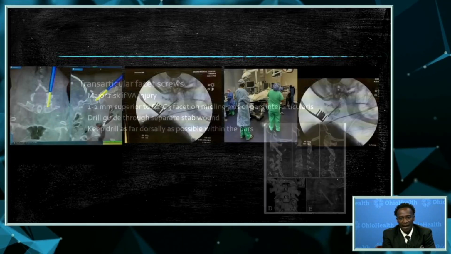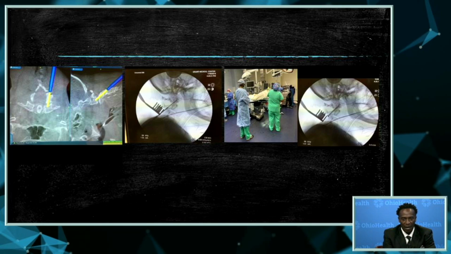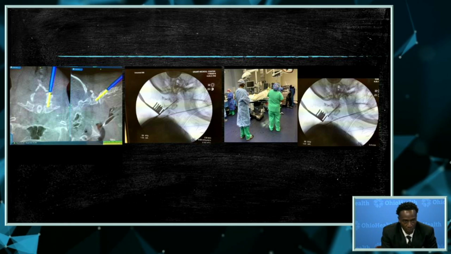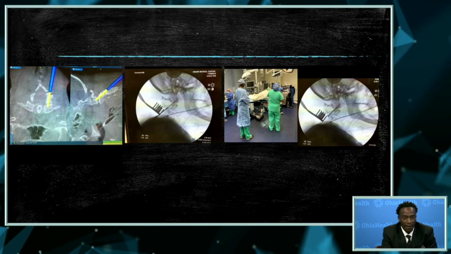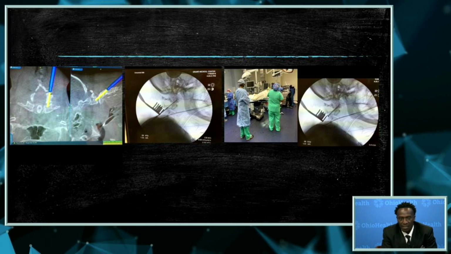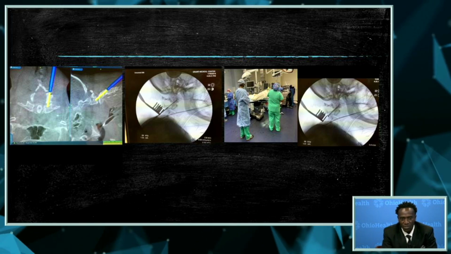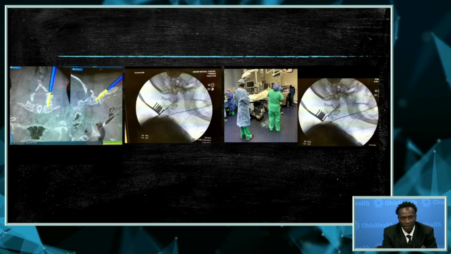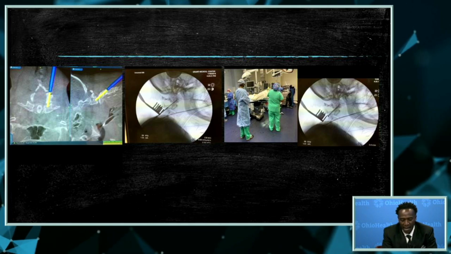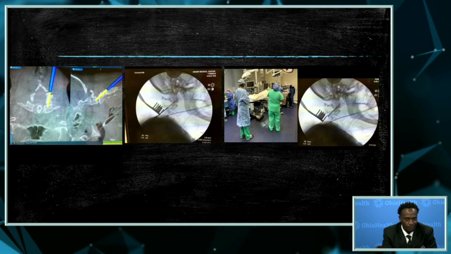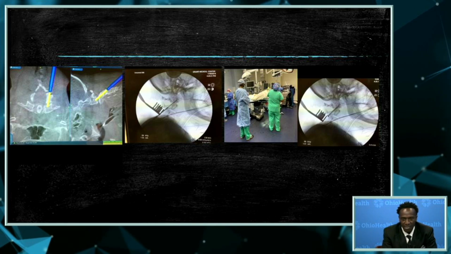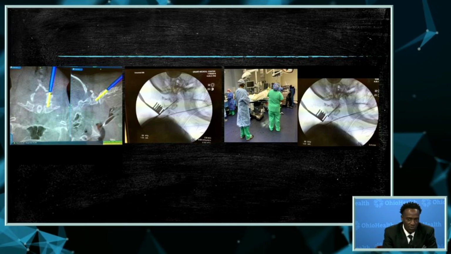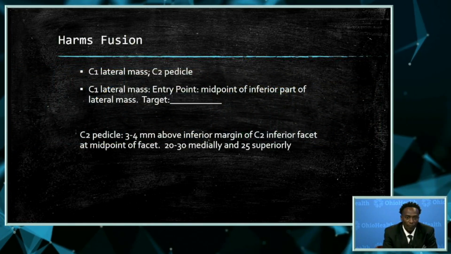Now, again, at our institution, when I'm doing a transarticular screw, you can see here is one of my cases where I'm using navigation. So, I've really gone away from using too much X-ray, and I'm really very much dependent on the OR. And remember, the key is your navigation is only as good as it is accurate. So we have various ways of continuing to test for accuracy as we do these procedures.